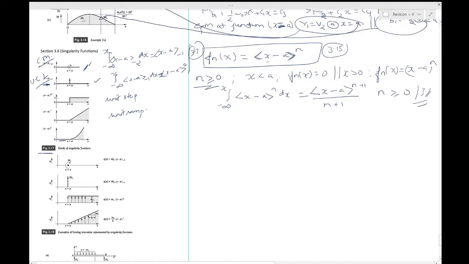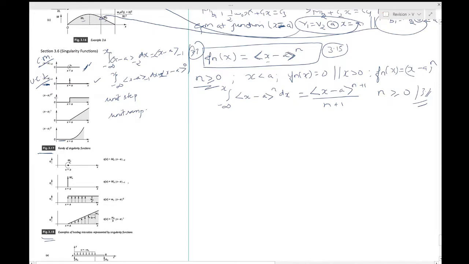Figure 3.18 illustrates some examples of load intensity distributions and how they are represented by singularity functions.